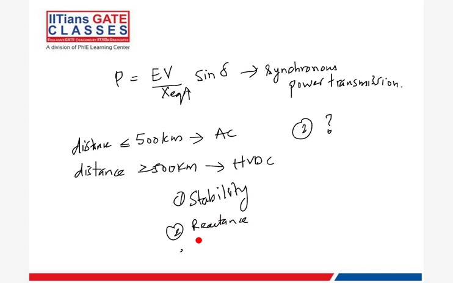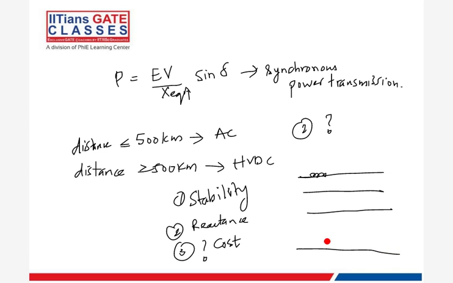And this is a very obvious but a very important one. Basically it is cost. If you are thinking about a three-phase AC transmission line, you physically need three lines. But with HVDC, you just need one line between the towers.